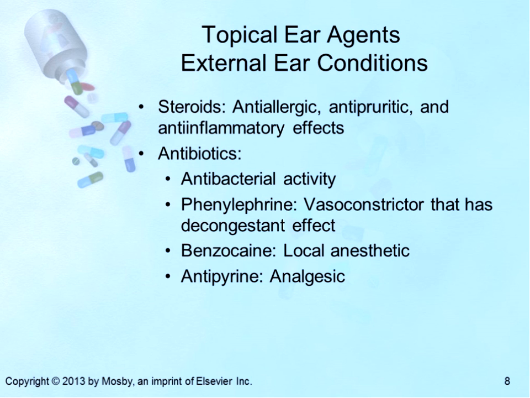So we'll move on to topical ear agents and external ear conditions. These medications are used for superficial infection of the external auditory canal and for cerumen removal, or earwax. A large number of otic preparations are available.